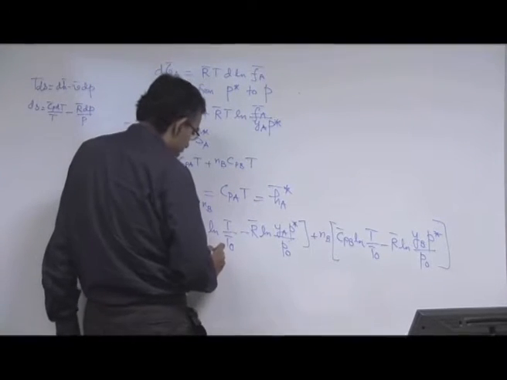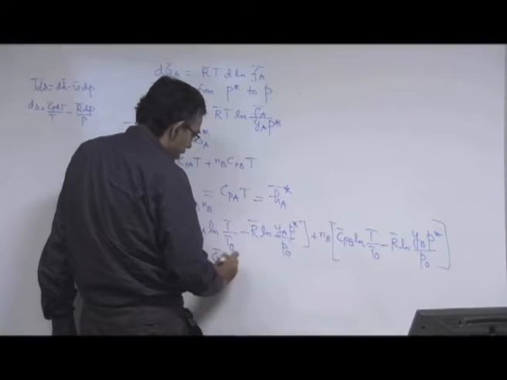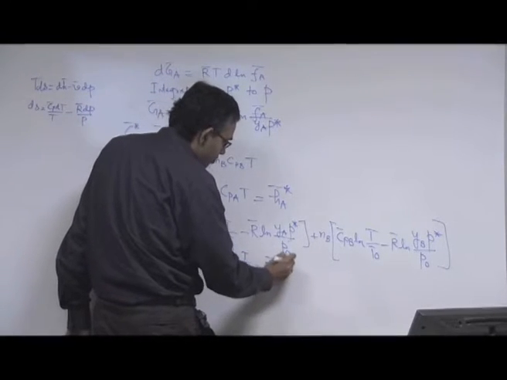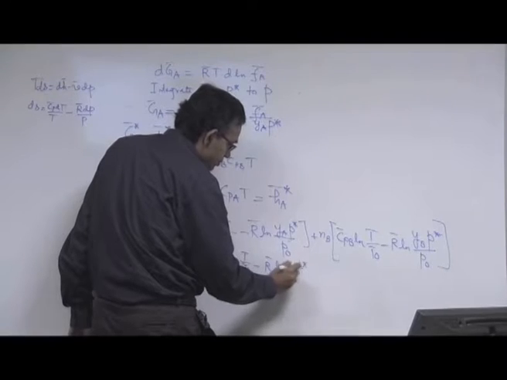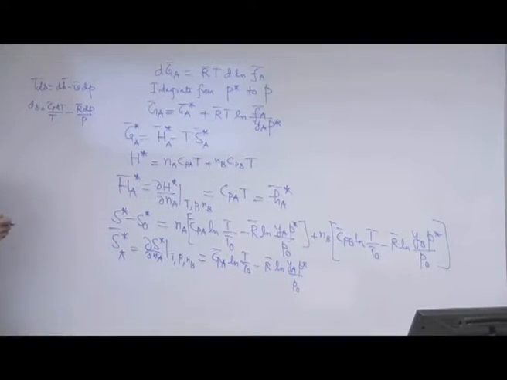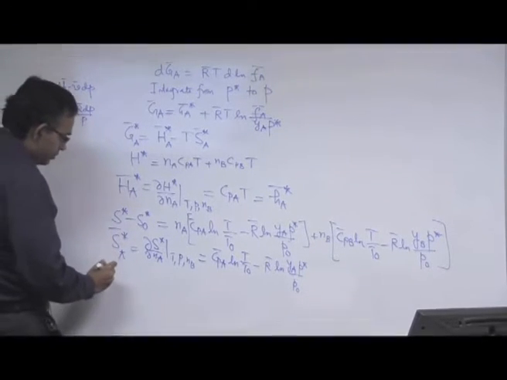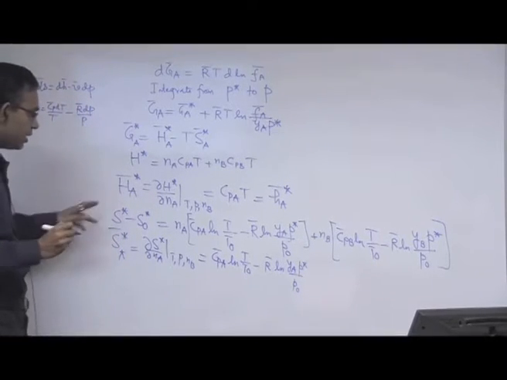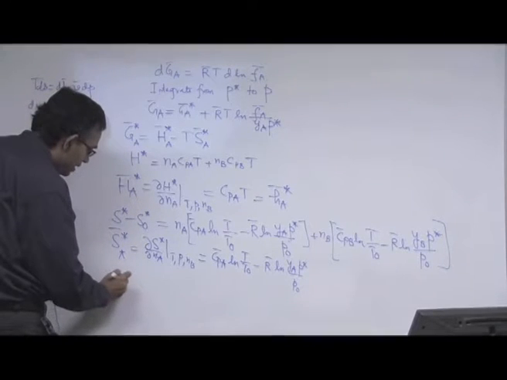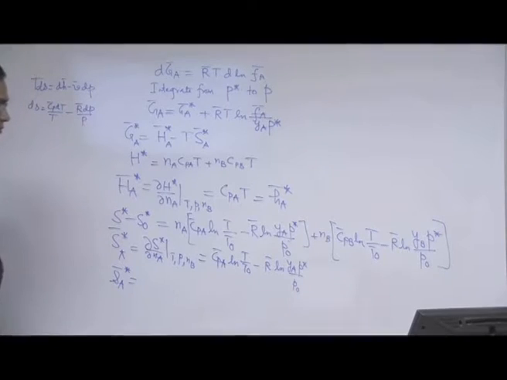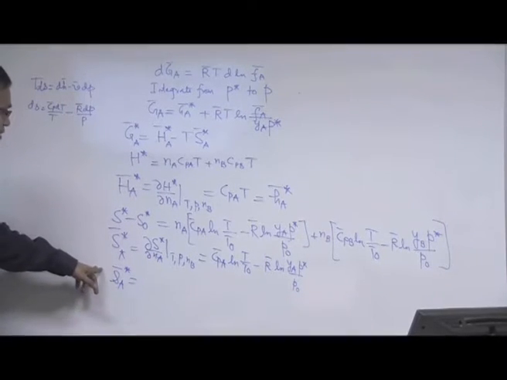So this is Cpa ln T by T0 minus R ln Ya P star by P0. Similarly, for the pure component, what is small sa star?